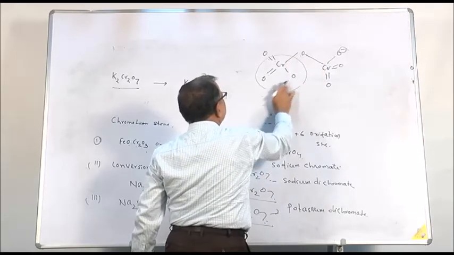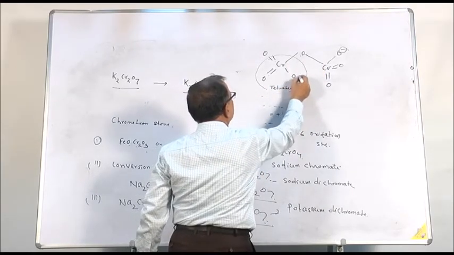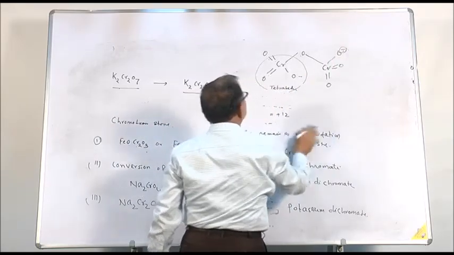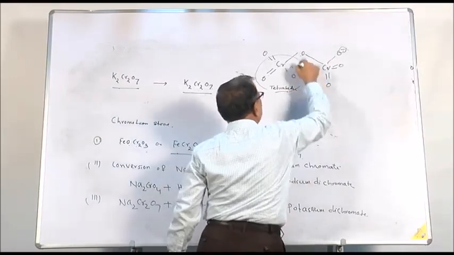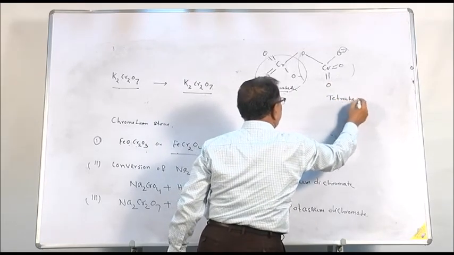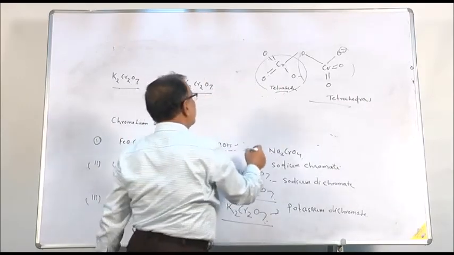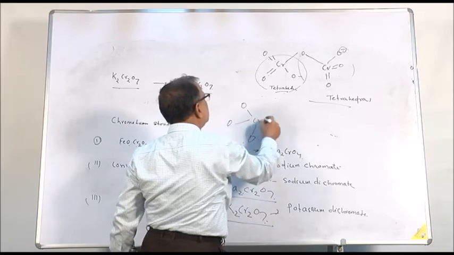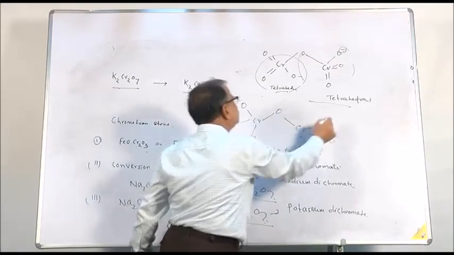It is one tetrahedral part, with O minus. So it forms like this, Cr tetrahedral. This structure is also a tetrahedral structure. Combining the two tetrahedral structures, we get the structure of dichromate. We write like this, Cr with three O, and the total charge is -2.